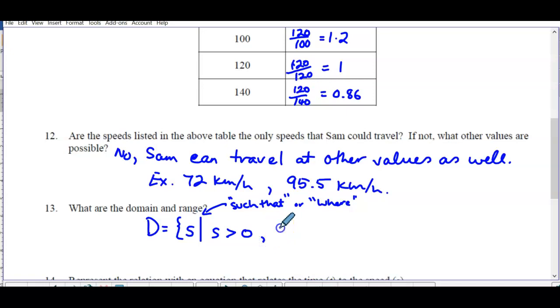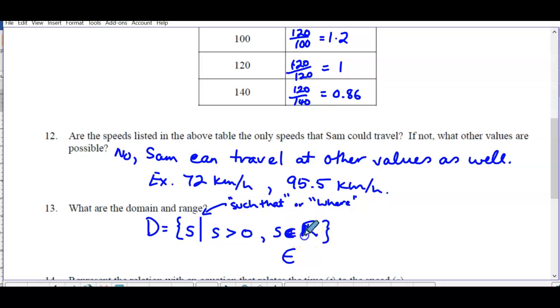And then we put a comma, and S has to be an element. So it's a funny looking E, element of the set of real numbers. Okay, so you need this funny, it's a Greek E. I'll do it again a little bit better. So it's kind of like a C with a line in it to make it an E. Real numbers is R. I do 2 bars to mean the set of real numbers.